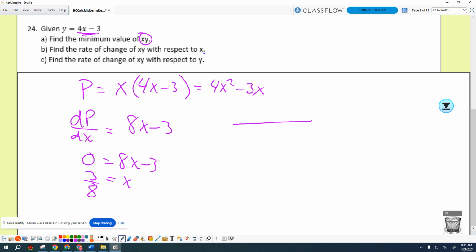Okay, I need to make sure that this is a minimum. When x is 0, plugging it into the derivative, it's negative. When x is, say, 1, that's positive. It's a minimum. So is my answer 3/8?